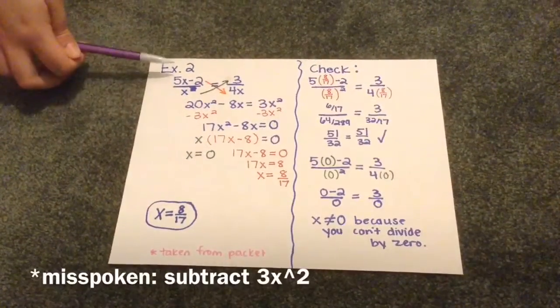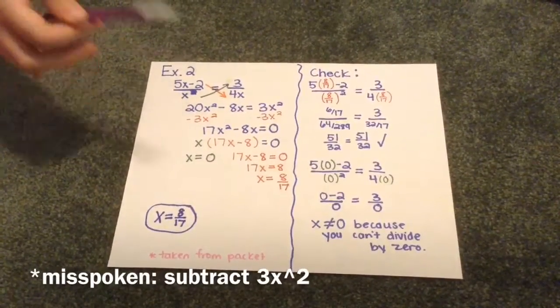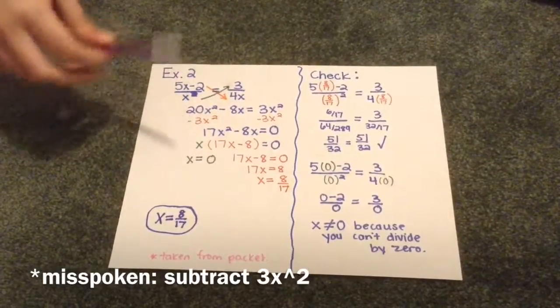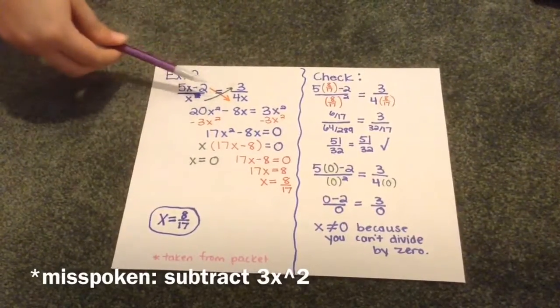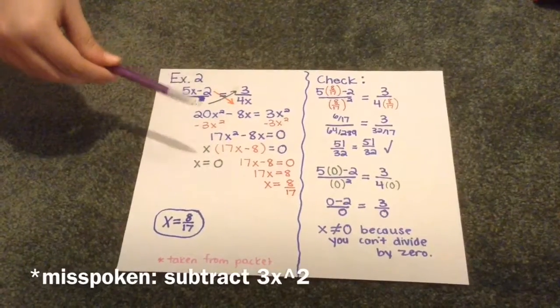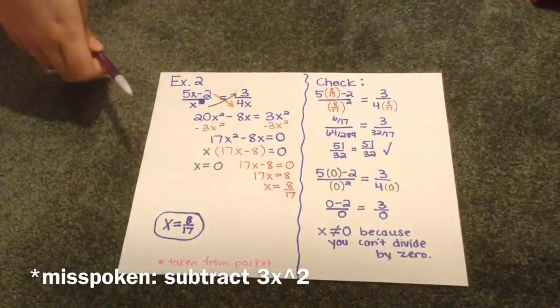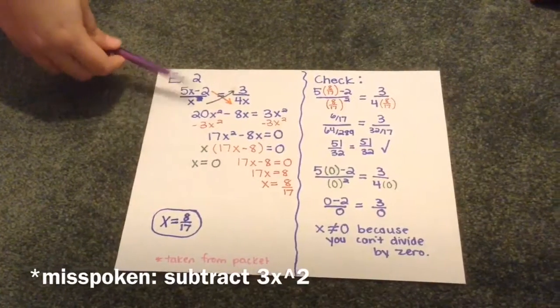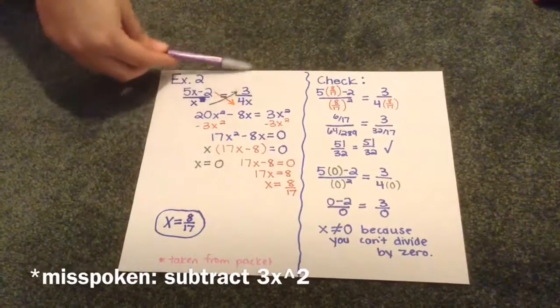This is example 2, which is our high-level assessment question. So the problem starts out with 5x minus 2 over x squared is equal to 3 over 4x. What you're going to want to do first is cross-multiply 5x minus 2 times 4x, and then cross-multiply x squared times 3.